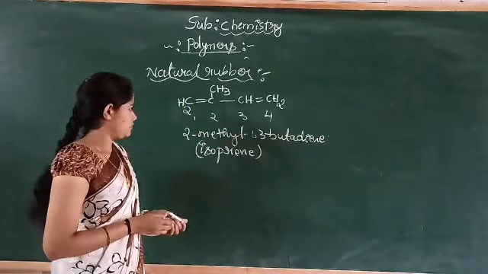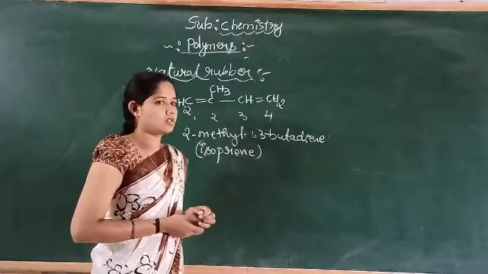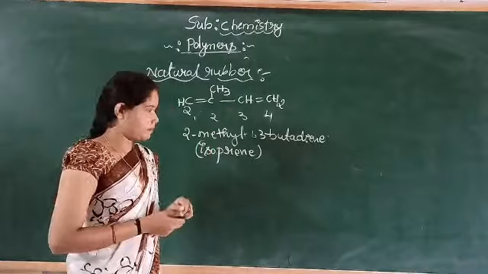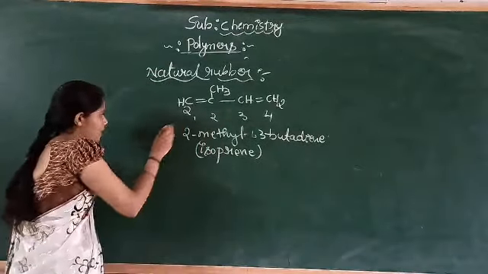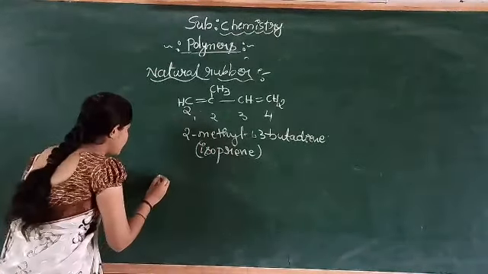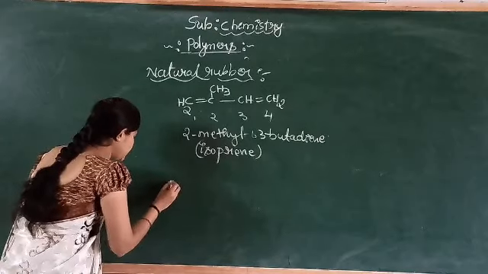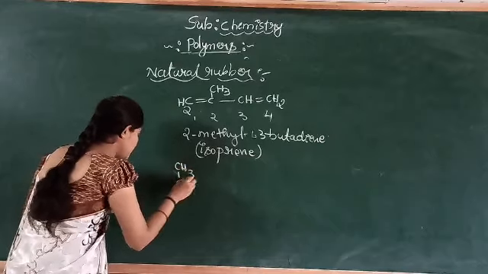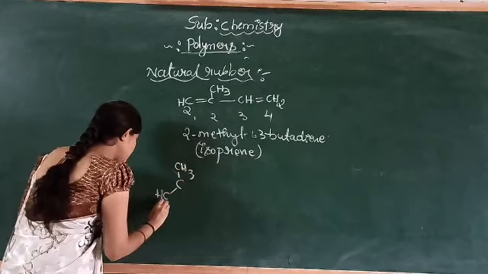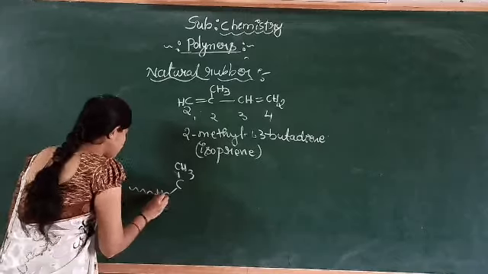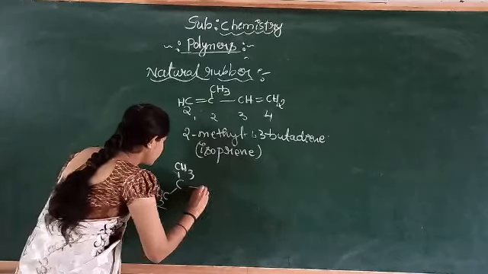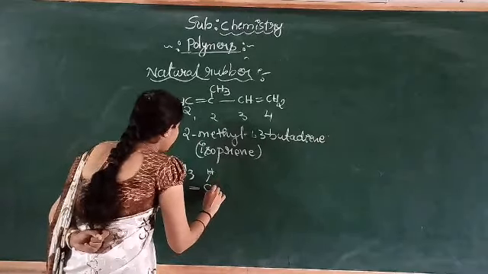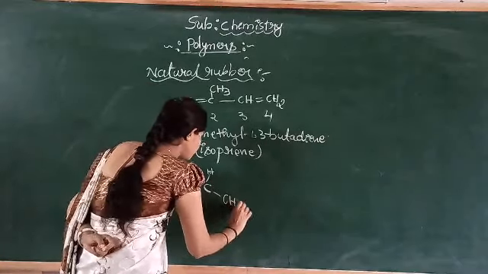This isoprene undergoes polymerization to give natural rubber. The partial structure of natural rubber is like this. That is C, here I will write CH3, here I will write CH2. So this undergoes polymerization. This link continues. Here what happens? Double bond, here C, here H, and here CH2.